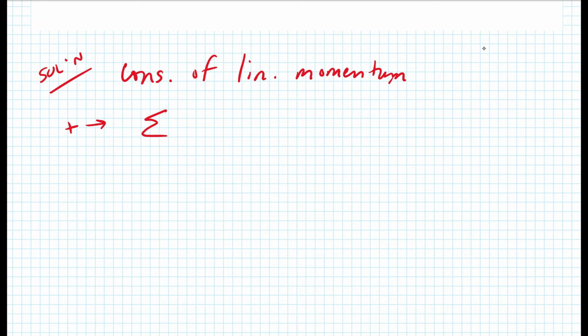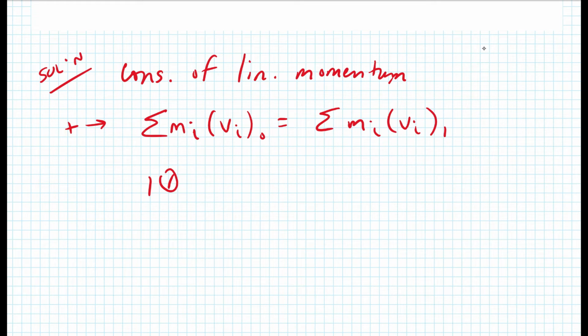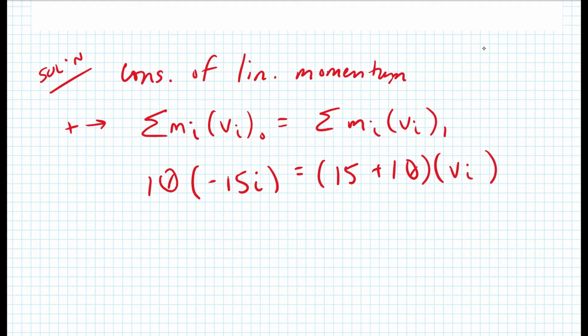So we have the sum of m_i v_i initial equals the sum of m_i v_i final. Next, we get our values: 10 times negative 15 i equals 15 plus 10, times v.